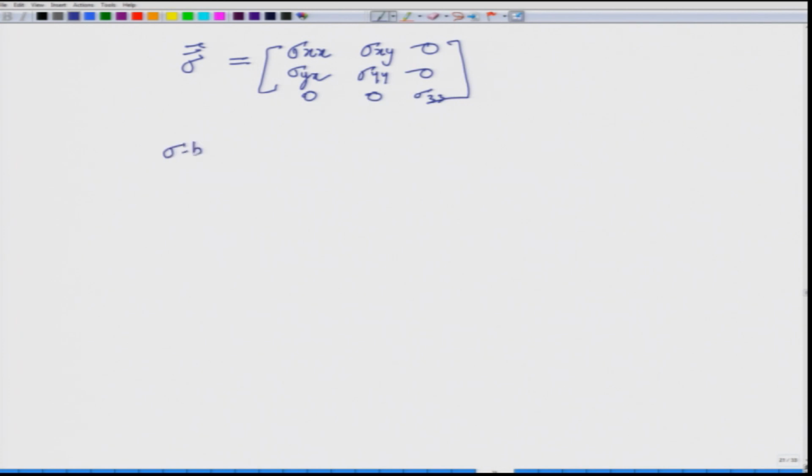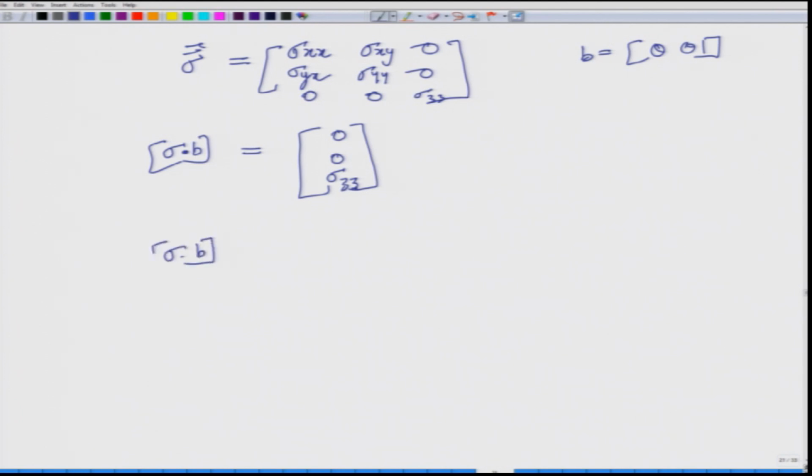So, sigma dot B, where B is equal to 0 0 1, if you remember, sigma dot B will come out to be 0 0 sigma z z, and when you take the cross product with E, now what is E? E is also equal to 0 0 1. So, we have 0 0 1 cross multiplied with a 0 0 1 kind of vector, and what should be the result? Yes, that should be equal to 0.